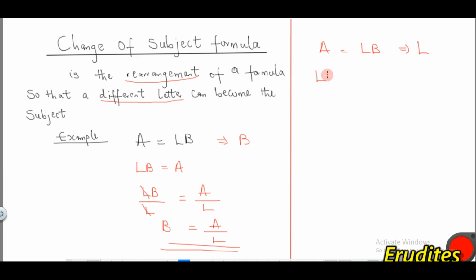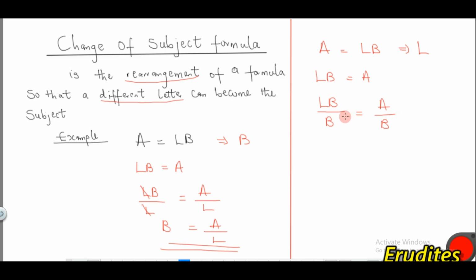This will be LB is equal to A, first of all. Then to make L stand alone, I will have to divide both sides of the equation by the coefficient of L, that number that is attached to L, which is B. So this will be LB divided by B is equal to A all over B.